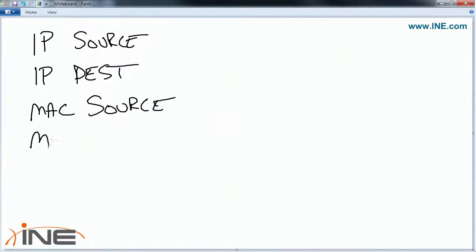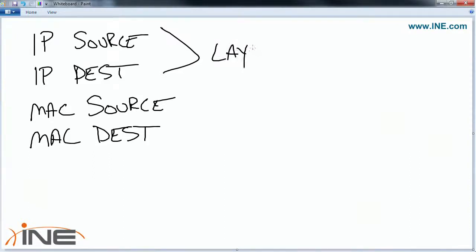And what is the layer 2 MAC address destination? Now the router is mainly concerned with these fields, the source and destination IP address. This is what we're going to do layer 3 routing based on. So when we look at our layer 3 routing protocols like RIP or EIGRP or OSPF, we're making our decisions on these fields inside of the packet.